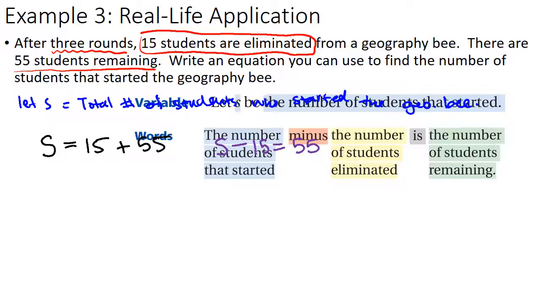And the third way is that the total number of students who started minus the number of students who are still remaining, which is that 55, should be equal to the number of students who were eliminated from the tournament. And these are 3 different ways that we can set up this equation in order to solve for the total number of students who started that geography bee.